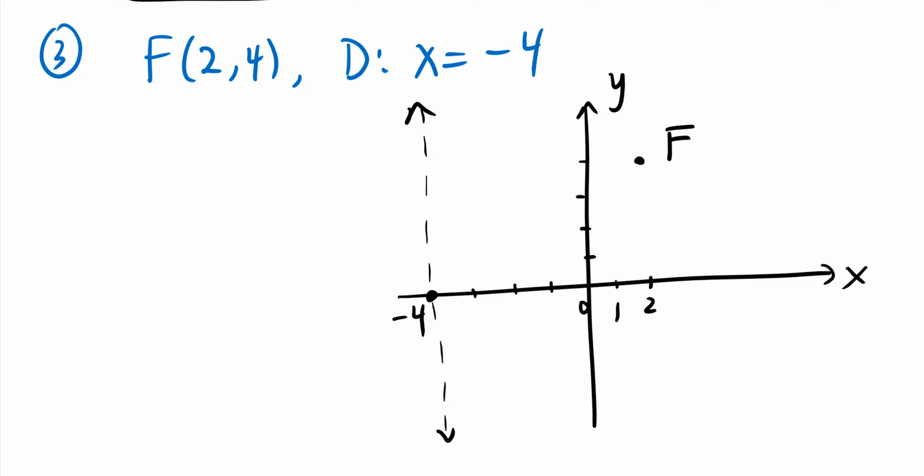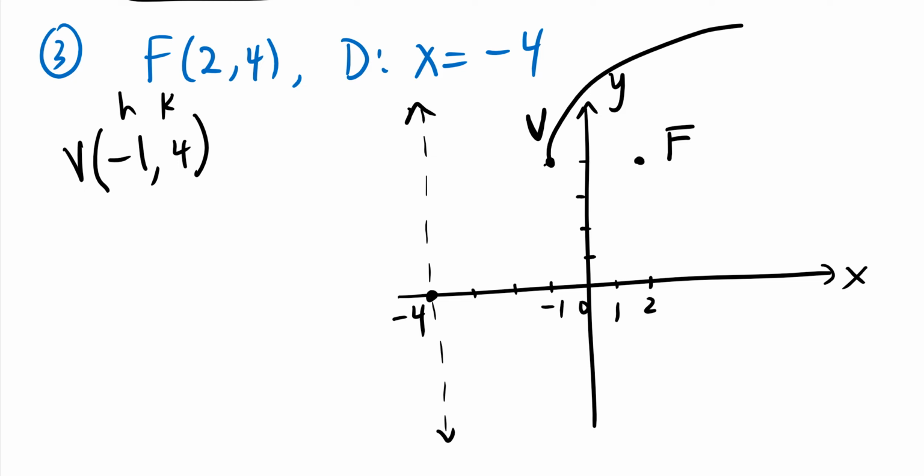Now to see where the vertex is, it's halfway between these two. So we have 1, 2, 3, 4, 5, 6 units. Halfway is 3, so the vertex has coordinates (-1, 2). That's the vertex. So that gives me h and k.